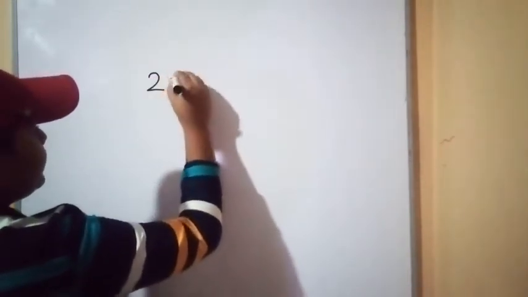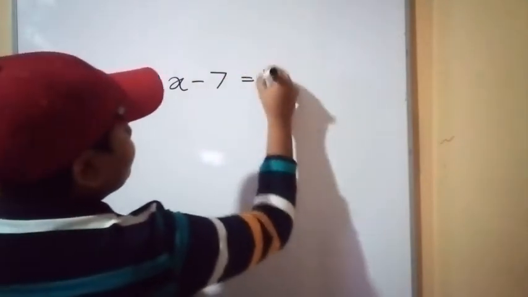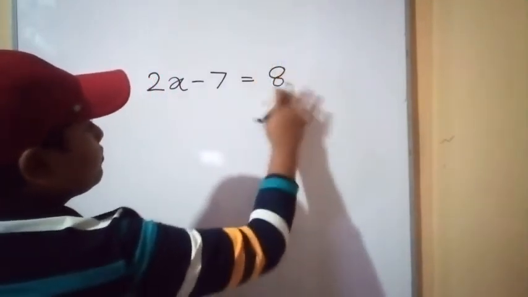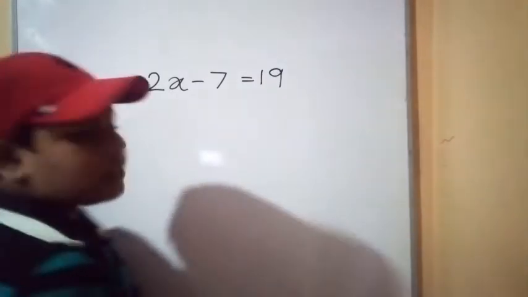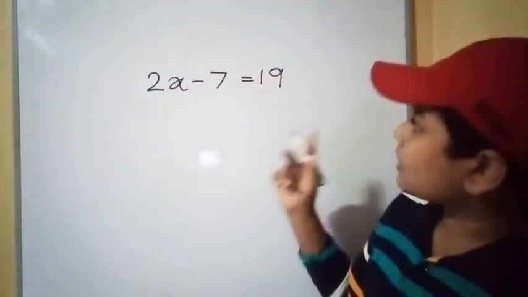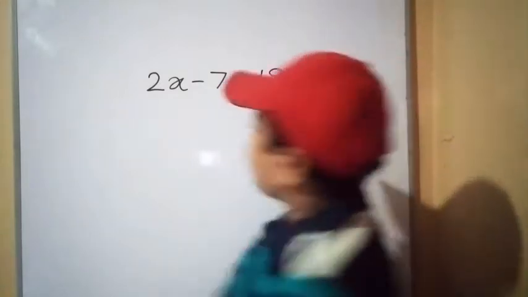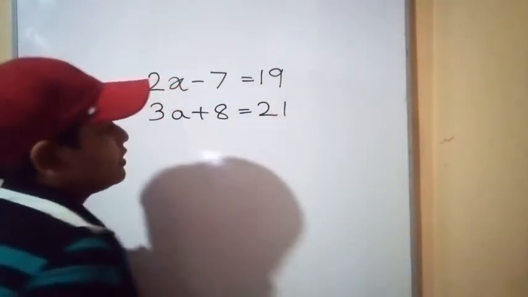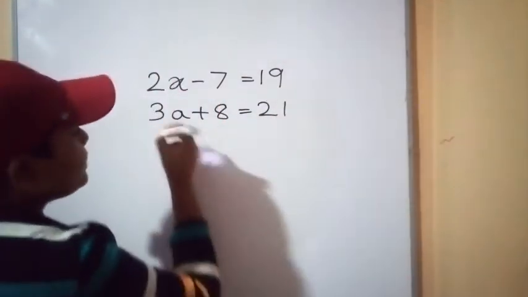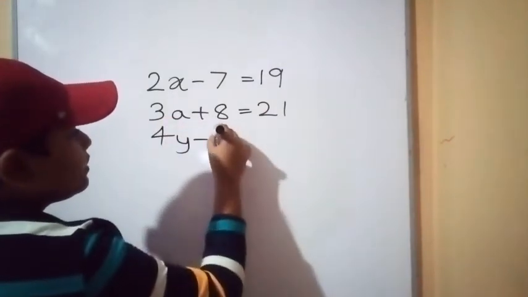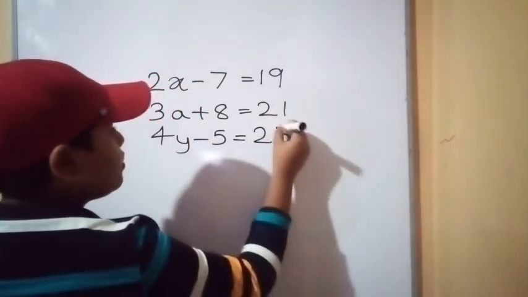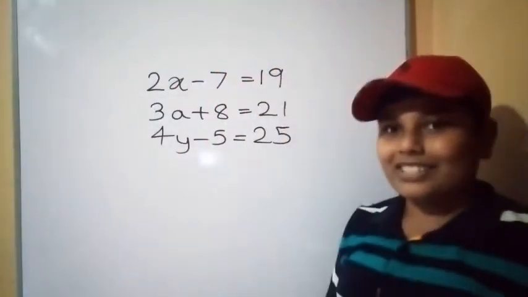The equation means we get something like this: 3a plus 8 equals 21, 4y subtract 5 equals 25. There are so many equations to solve.